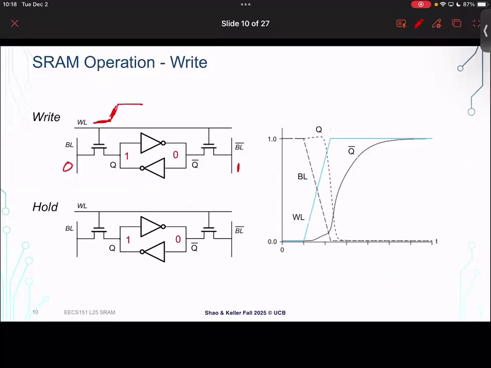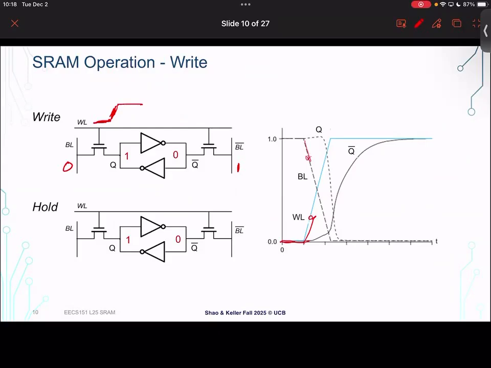You can see in this timing diagram on the right of the slide a little more detail about what's going on. So word line goes high. In this example, they're putting bit line low at the same time as word line going high, but that's fine. You can do it either way. So bit line goes low.